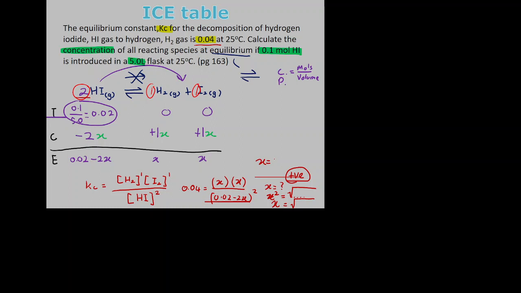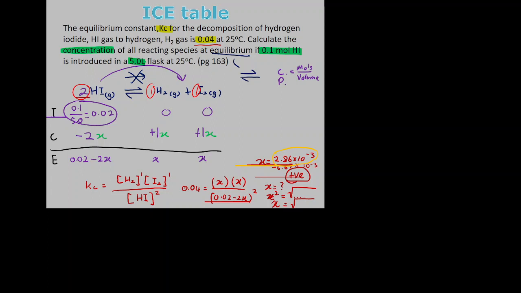You should get x is 2.86 times 10 to the power of negative 3, and the other value of x is negative 6.67 times 10 to the power of negative 3. But we don't take the bottom one because it is negative. We only take the positive one. This is the value of x we take.